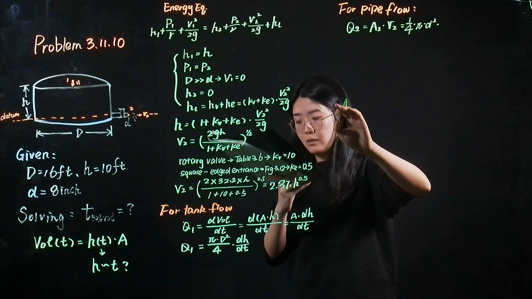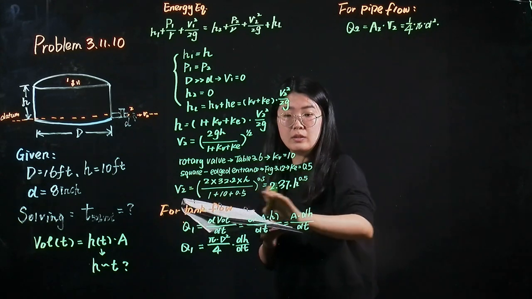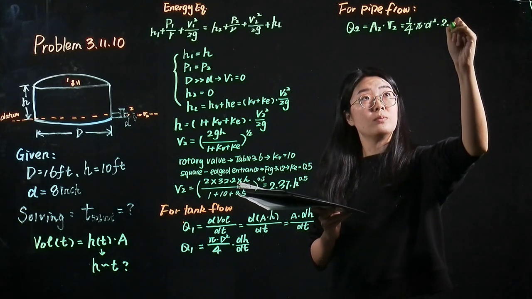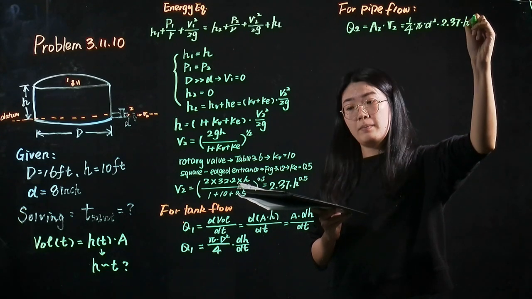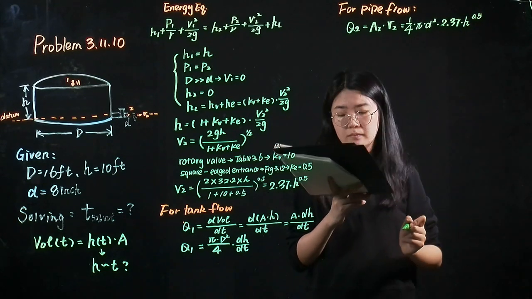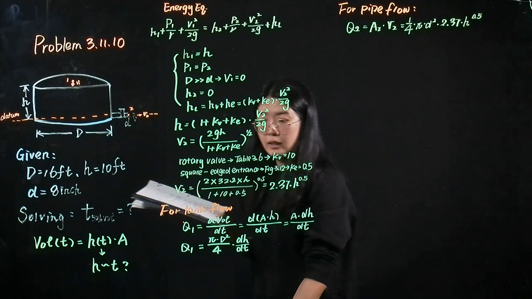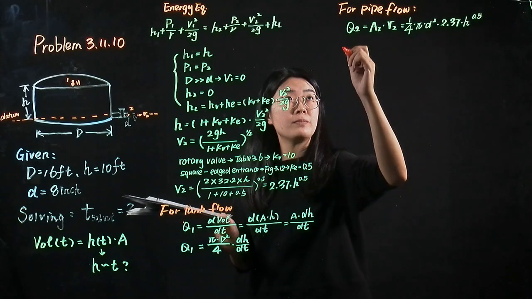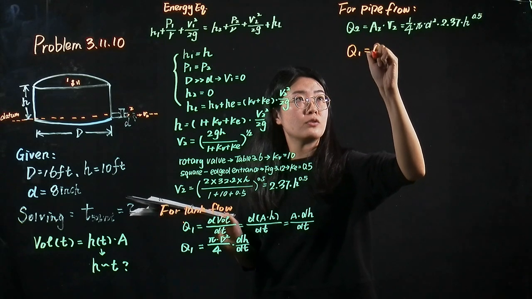Because we already know V2 is equal to this value, we can bring it here, times 2.37 times h to the power of 0.5. And because flow in should equal flow out, Q1 is equal to Q2.